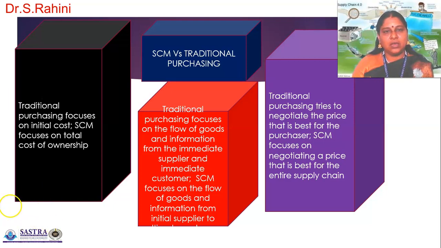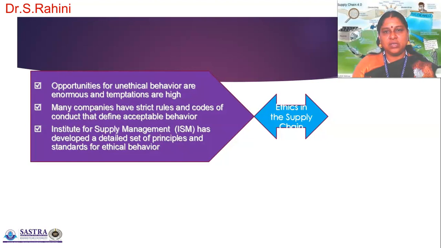So this is what we have to talk about the supply chain advantages or the main impacts of supply chain in the modern retail industry. What are the ethics in the supply chain? So opportunities for unethical behaviors are enormous and temptations are high. So it is because of e-tailing online.